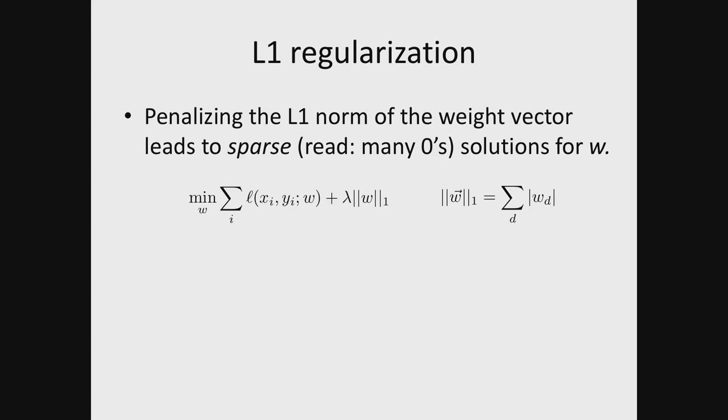For those of you who've seen support vector machines before, support vector machines will use what's called L2 regularization, where we'll be putting a penalty on the L2 norm of the weight vector. Instead, what we did in this paper is we used L1 regularization. So this penalty is defined over here. It's summing over the features and it's looking at the absolute value of the weight for each of the weights and summing those up.